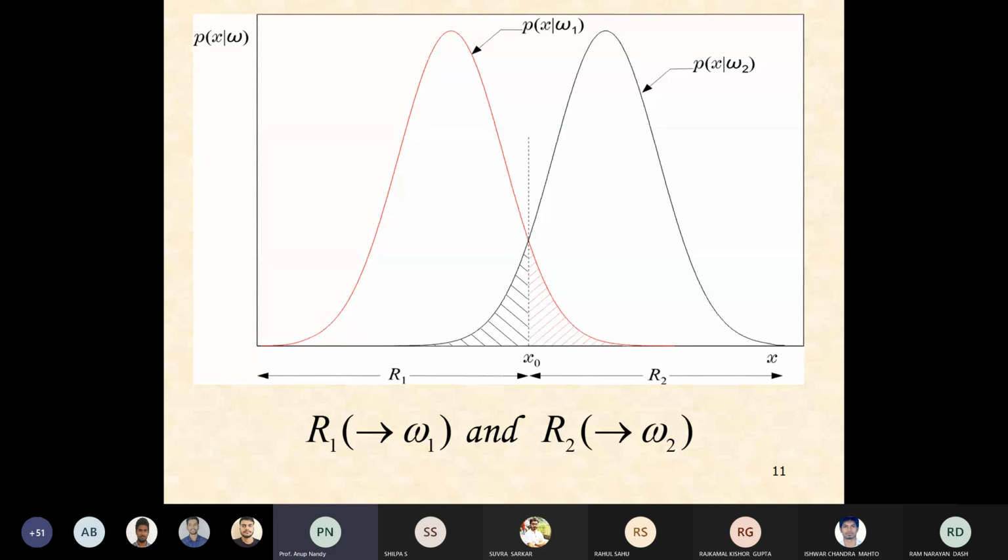In our example, denote by W1 the class of malignant tumor and W2 the class of the benign ones. Let R1 and R2 be the regions of feature space where we decide in favor of W1 and W2 respectively. Then the error probability PE is given by the following equation.